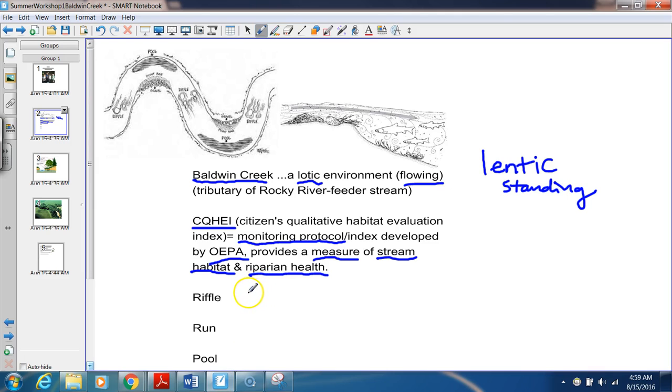So one of the measures that we looked at was the riffle, run, and pool areas of the stream. Now a riffle, if you can imagine, is that part of a stream where the water breaks at the surface. And so it's shallower, as you can see in this, and what it does is it breaks the surface of the water.